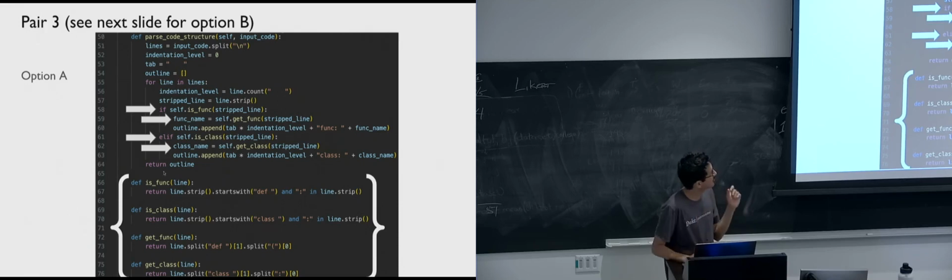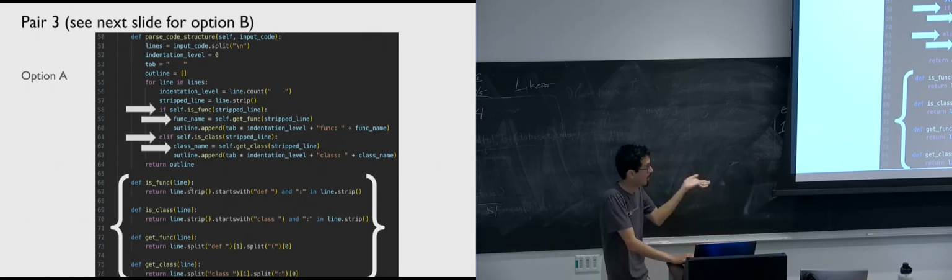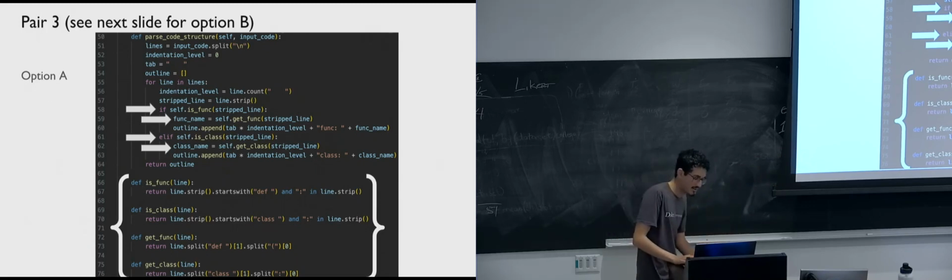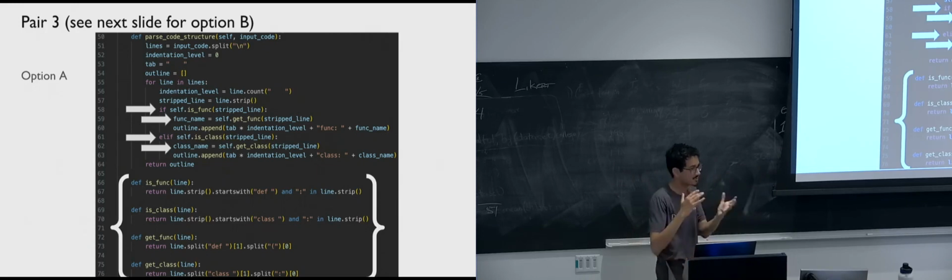So I think we would probably want to check our ability to detect functions or classes. When we have something like this, we can individually test each of these 4 helper functions, right? And I think one of the big parts of project 3 is making sure that we are correctly finding the functions and classes.